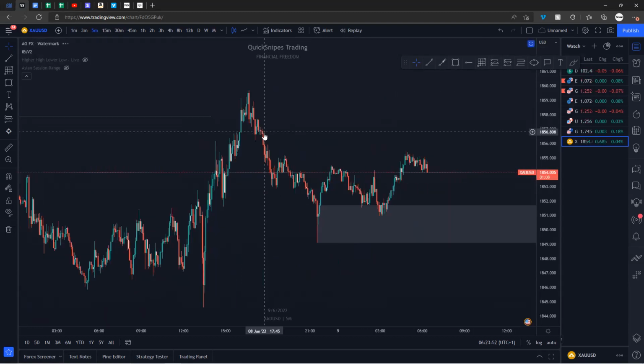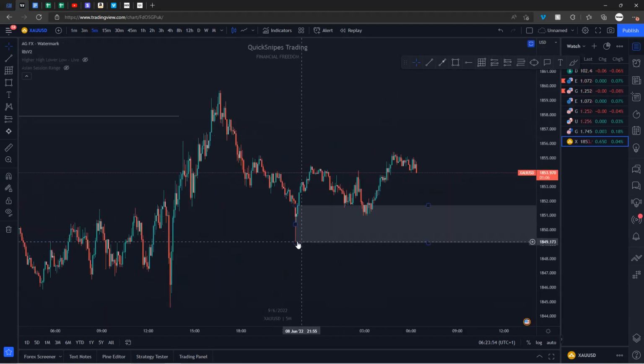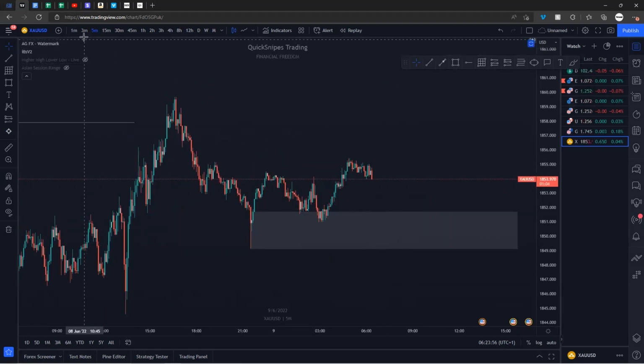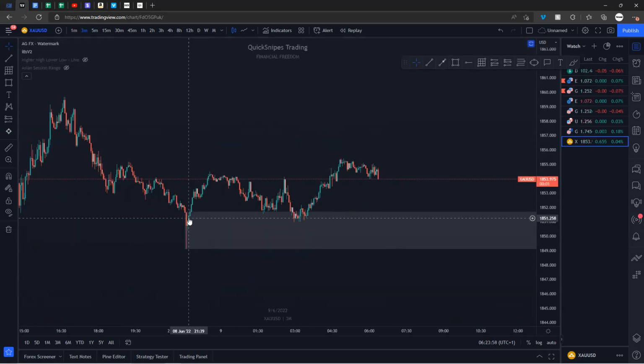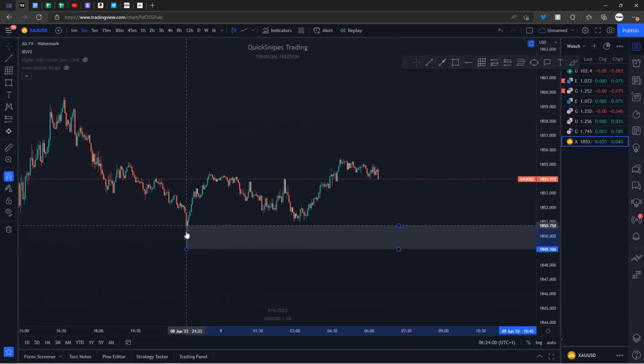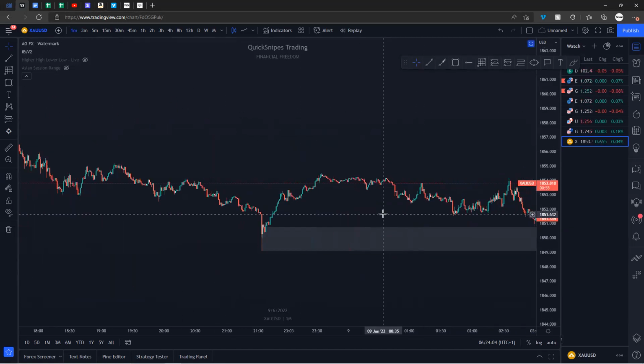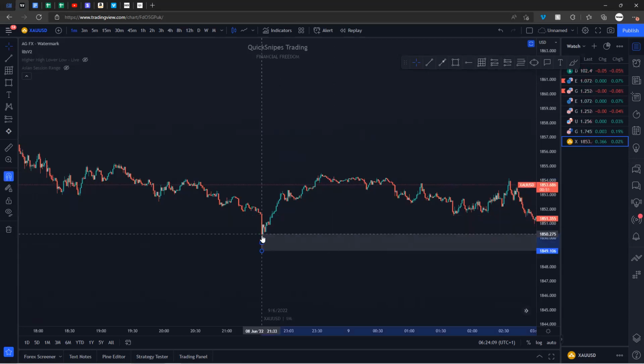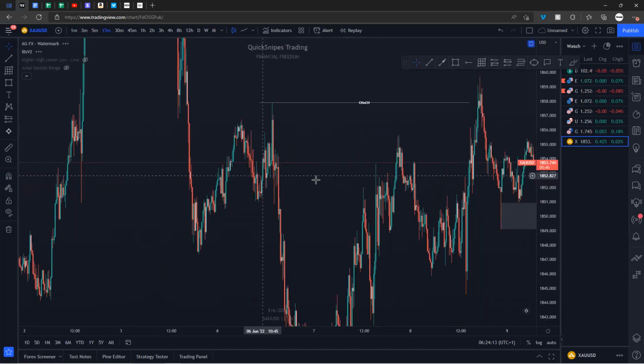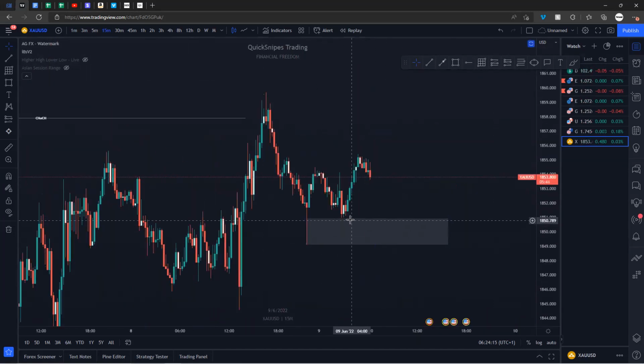So I'll just go to a 5-minute for now. So it looks like we're testing off that order block. Let's go to 3-minute. Just refine the wick a bit. 1 minute. Yeah, potentially we could be looking to trade off of there. That would have been our inducement.